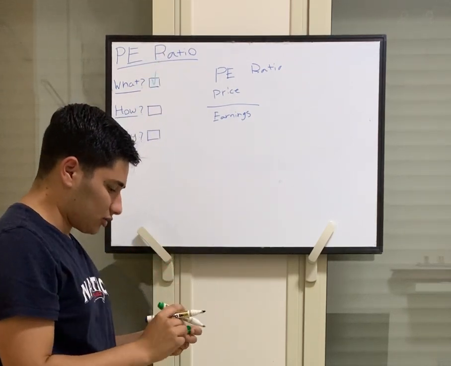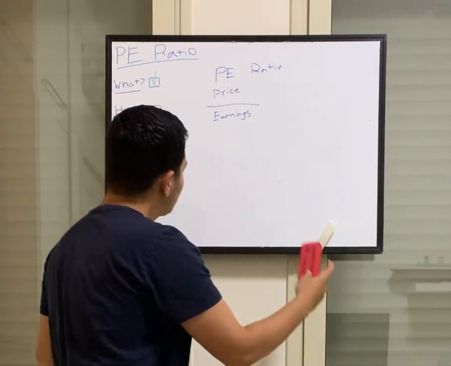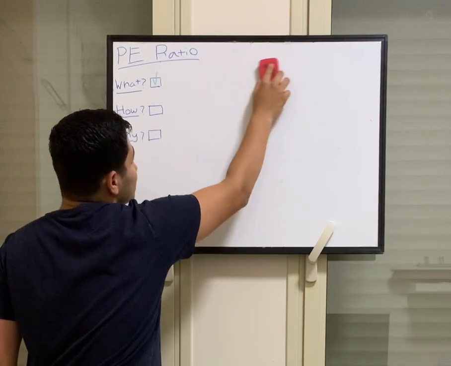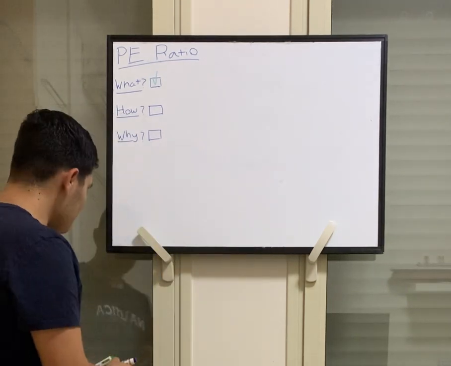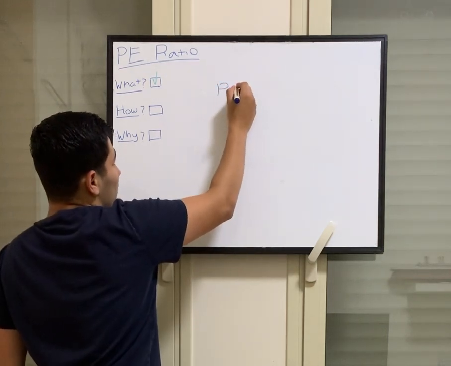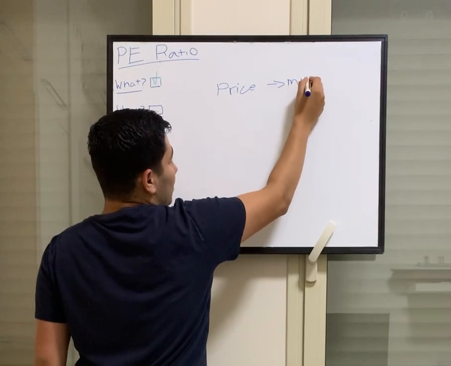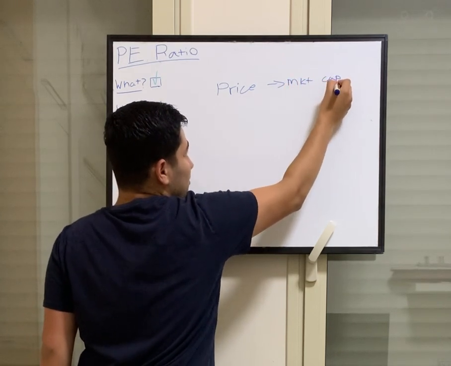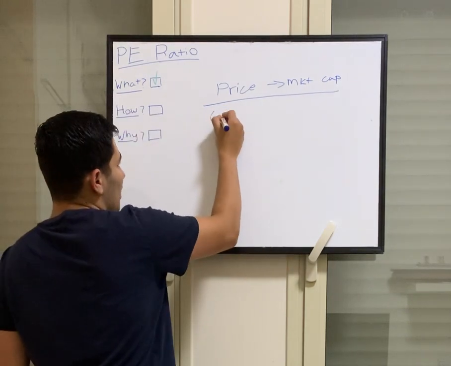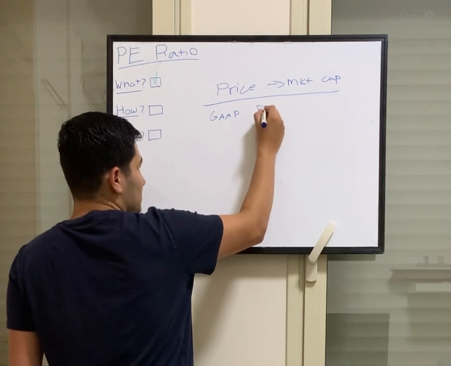Now, how? How do we get to a PE ratio? Well, a PE ratio can be calculated in 2 ways, basically. First of all, we can calculate it by the entire price, otherwise known as market cap of a company, divided by the entire company's GAAP profits.